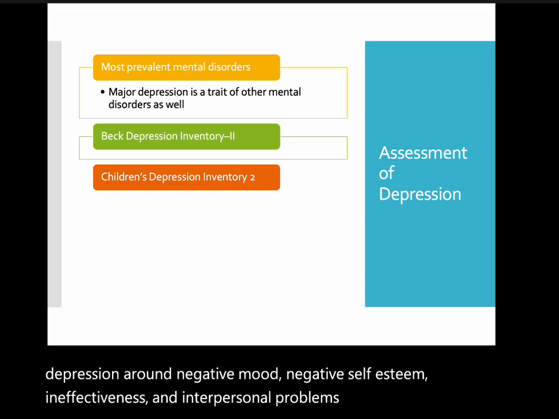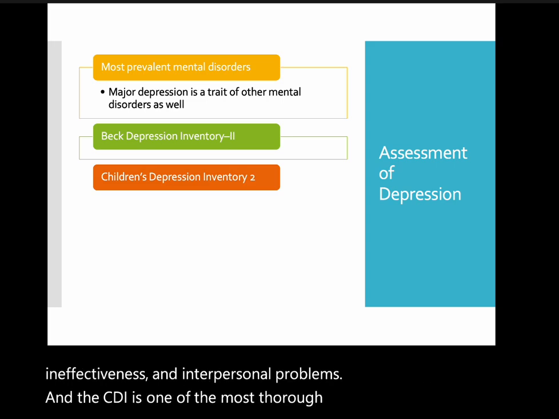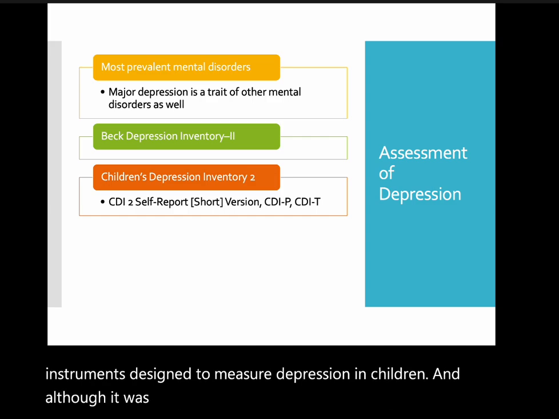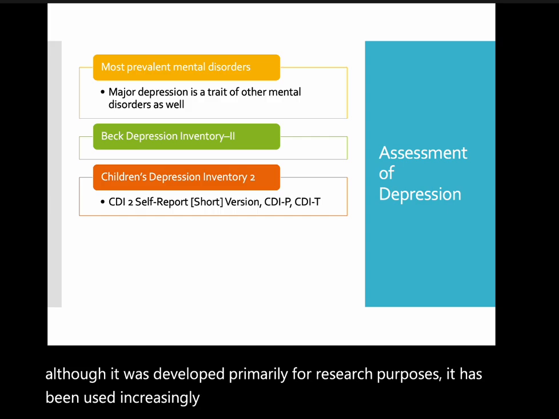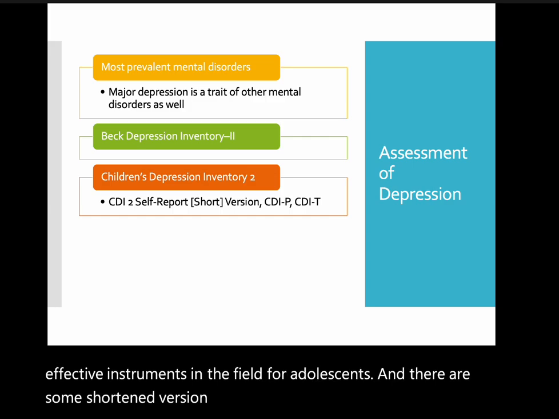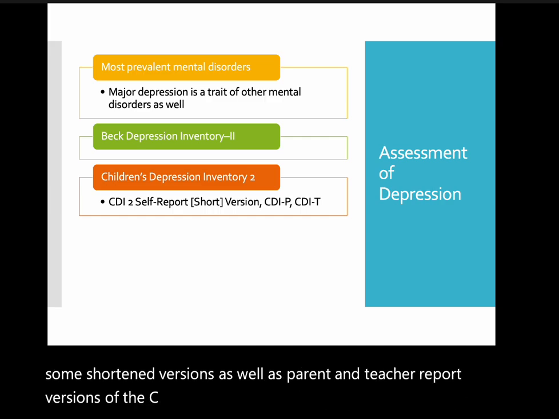And the CDI is one of the most thoroughly researched of all instruments designed to measure depression in children. And although it was developed primarily for research purposes, it has been used increasingly for clinical purposes because of the lack of effective instruments in the field for adolescents. And there are some shortened versions as well as parent and teacher report versions of the CDI.